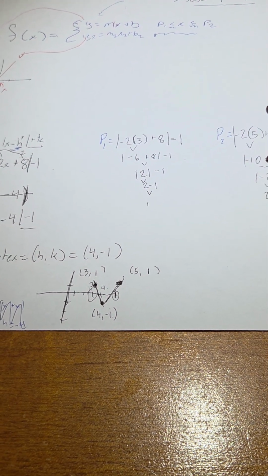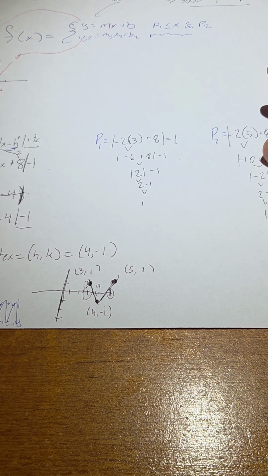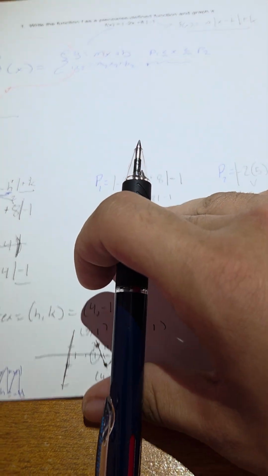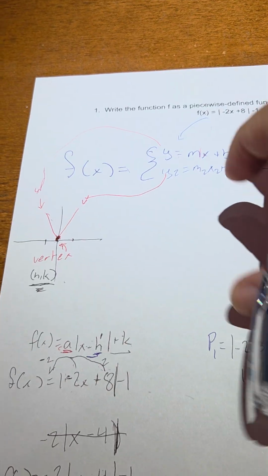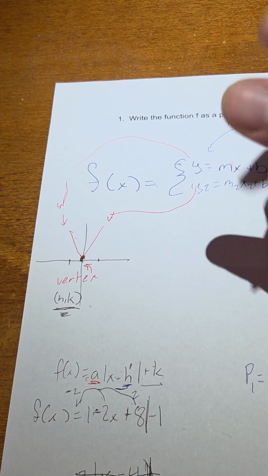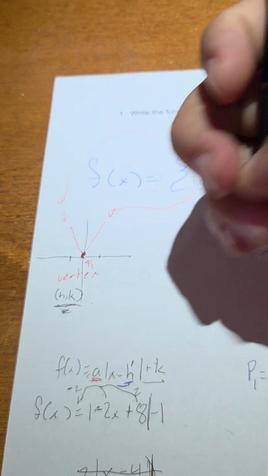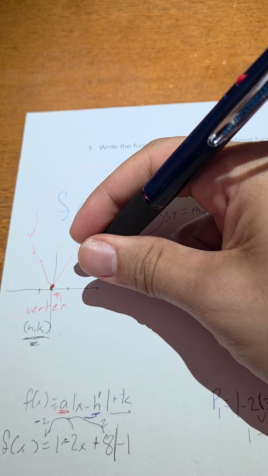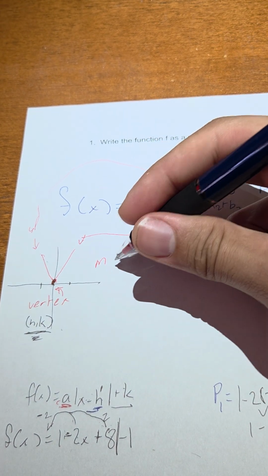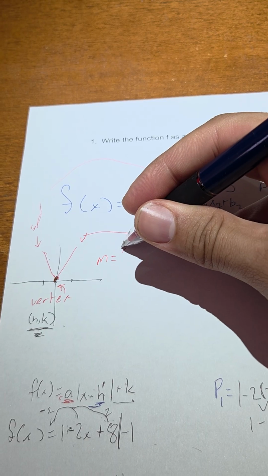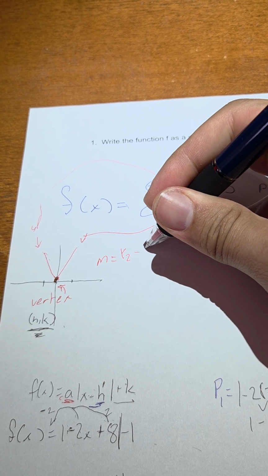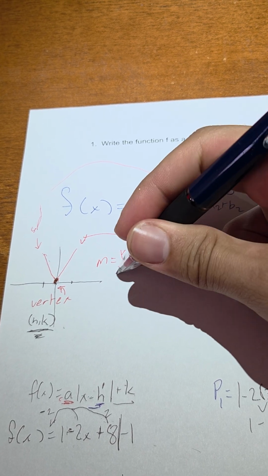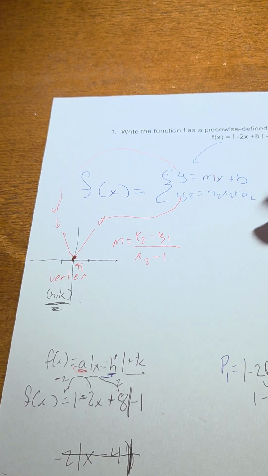So remember, we have our equation for m. I'm going to write it up here, right? M is equal to y2 minus y1 over x2 minus x1.